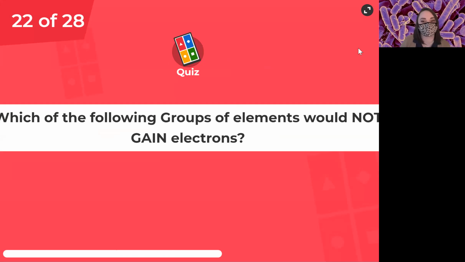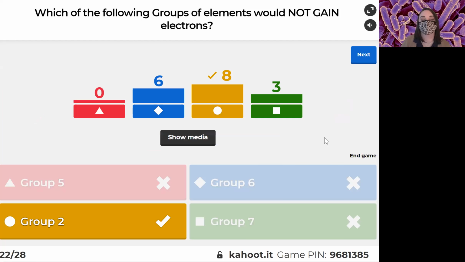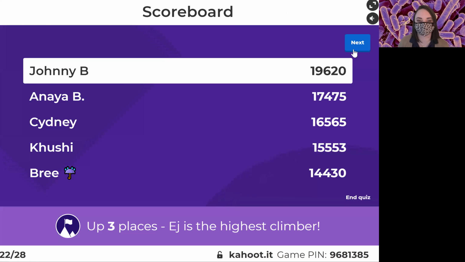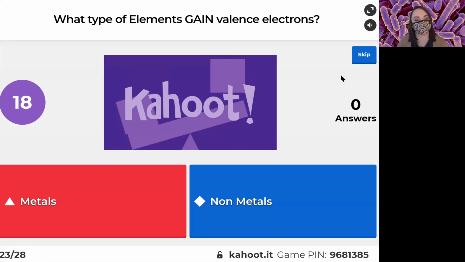Which of the following groups of elements would not gain electrons? Good, group 2 elements. And this is because, right, groups 5, 6, and 7 would gain electrons to become stable. What type of elements gain valence electrons?